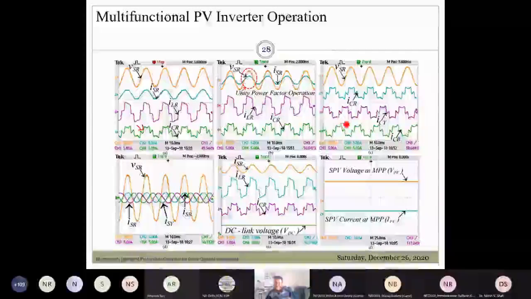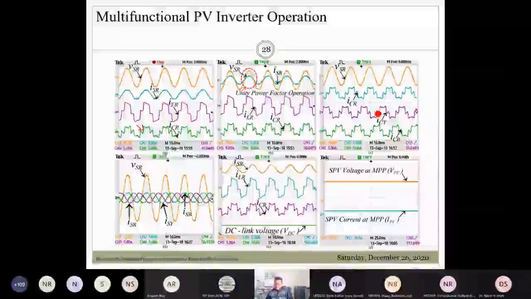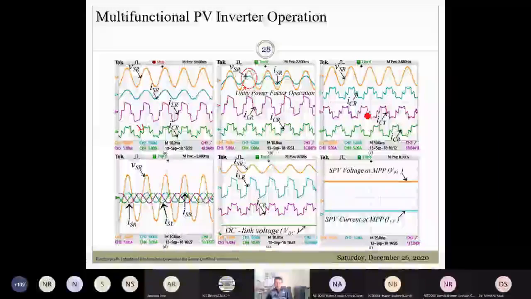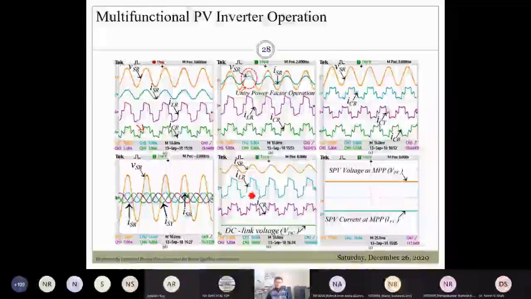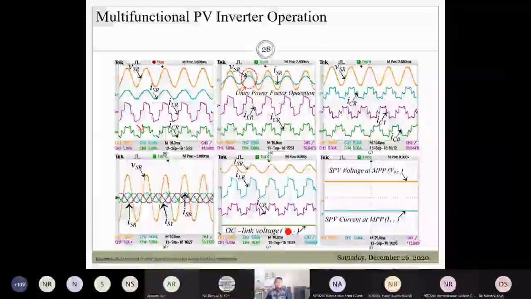And this is the three-phase compensating current. The increased magnitude of the compensating current confirms the penetration of the PV unit into the utility grid. Even furthermore, the voltage across the DC link capacitor during the multifunctional PV inverter operation is maintained constant at its pre-disturbance level, that is 100 volts.